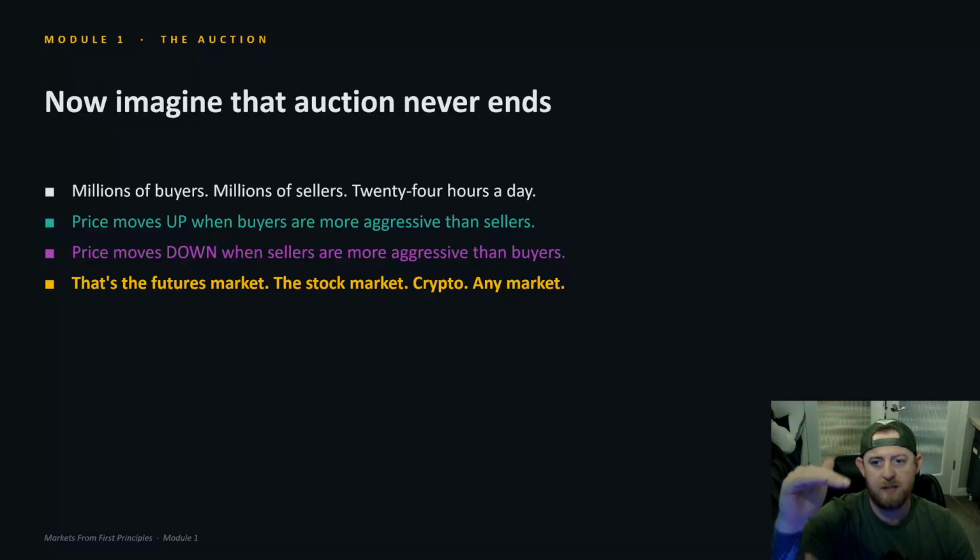So they're looking through the range of price to find somebody willing to buy. They have to cross the spread. That is the futures market. That's crypto. That's stocks. That's any market where this transaction is happening with these two mechanisms, people buying, people selling, entities buying, entities selling.